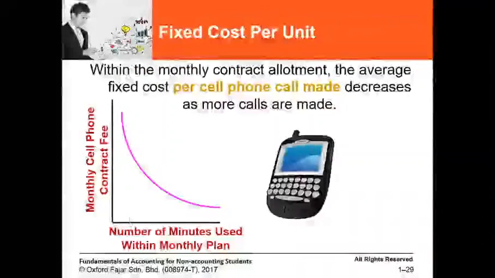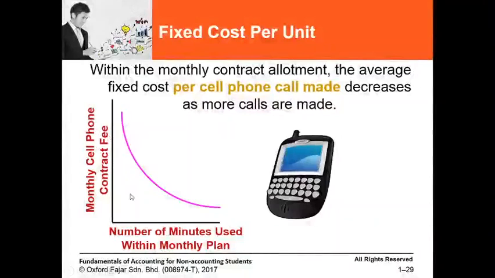For example, you pay 100 ringgit per month, and these are the number of units you use. Let's say this is 100 minutes, and this one is 200 minutes.